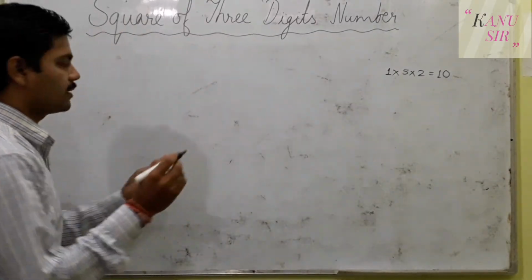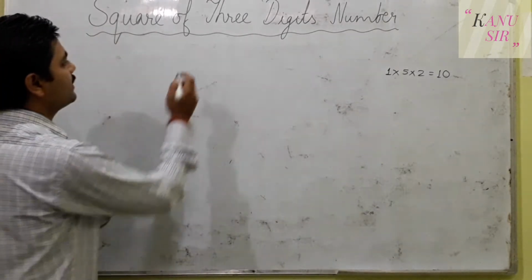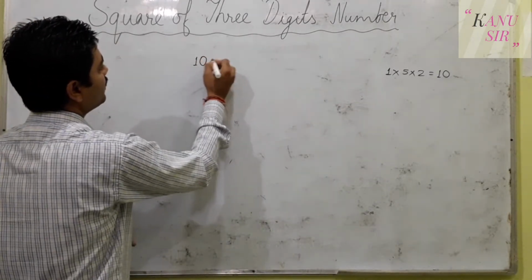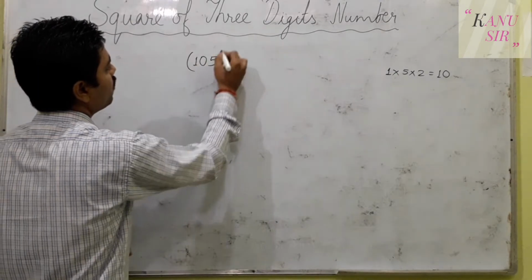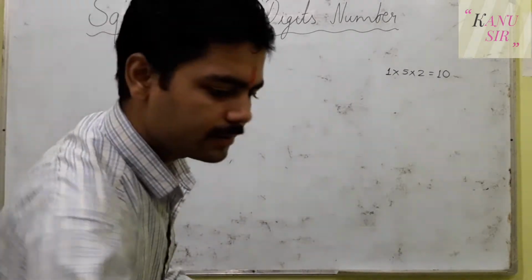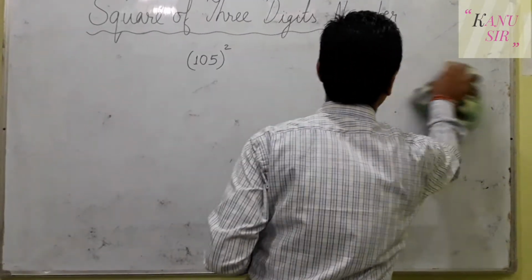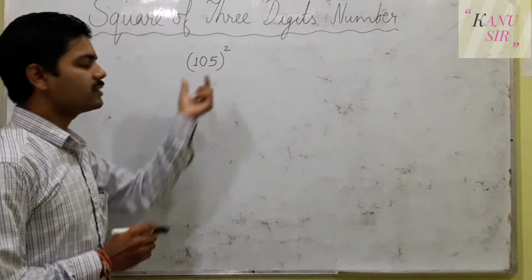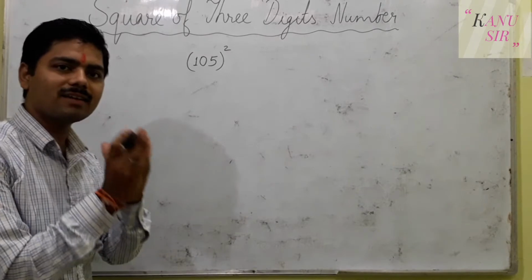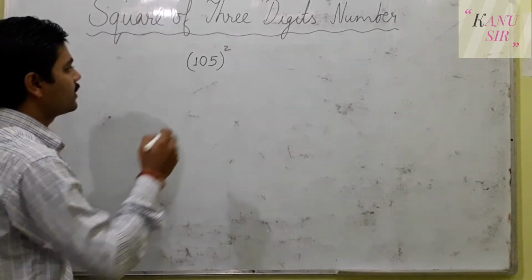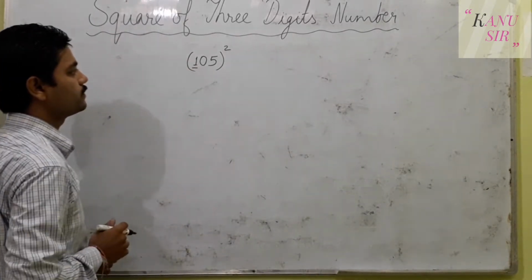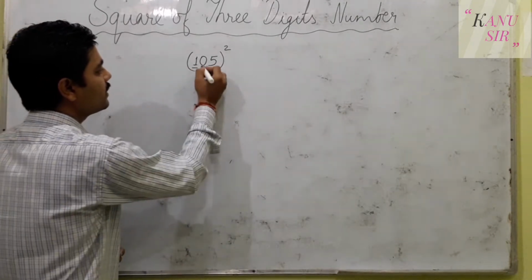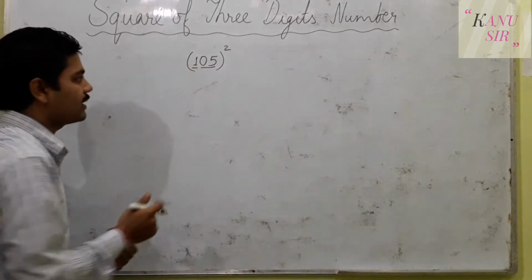So for a three-digit number, let us take a simple easy example, 105 squared. In 105 it is three digits for us, but we can change it into the form of two digits for ease, like 1 is the first part and 05 is the second part.